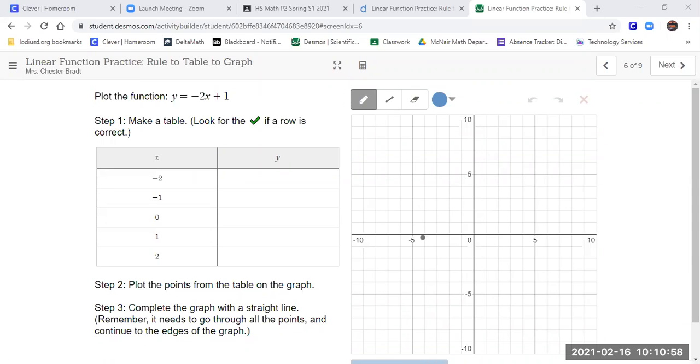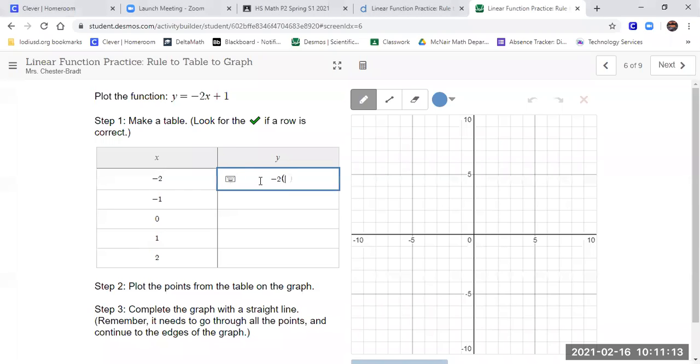Okay, so I see negative 2x plus 1. So is this proportional? What did we just learn about? Am I going to say this is proportional? Looking at this rule, is this a proportional rule?